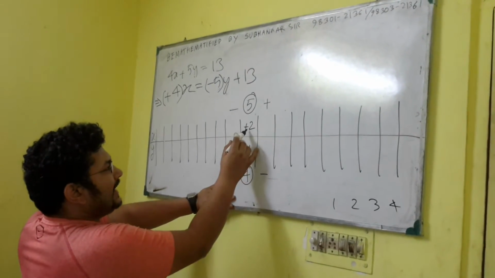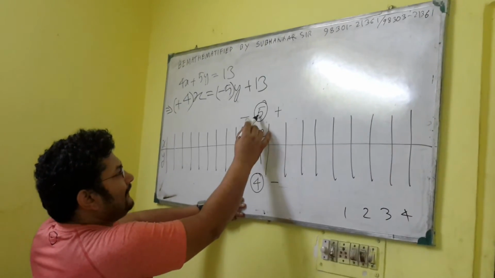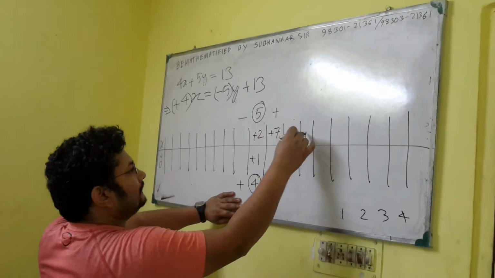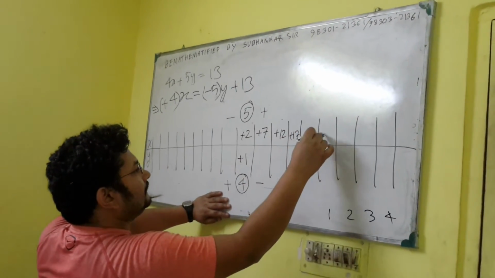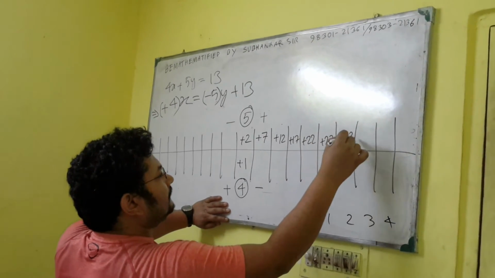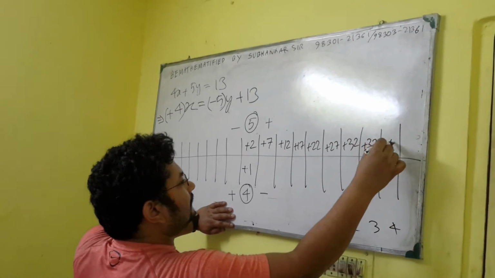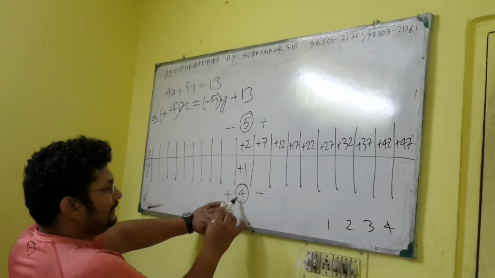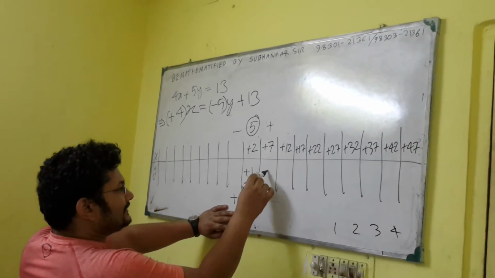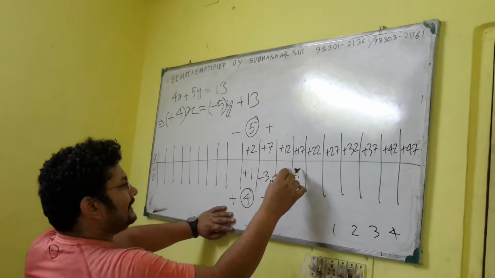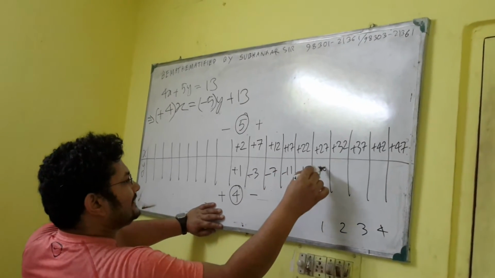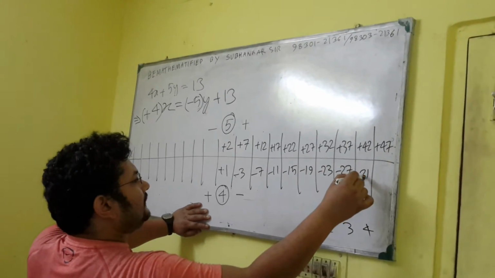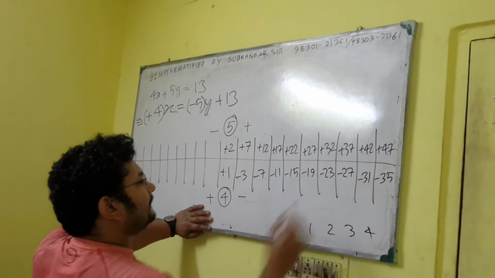Like if it is plus 2 and it is increasing by 5, it will go on like that. And it will decrease by 4, like minus 3, minus 7, minus 11, minus 15, minus 19, minus 23, minus 27, minus 31, minus 35.